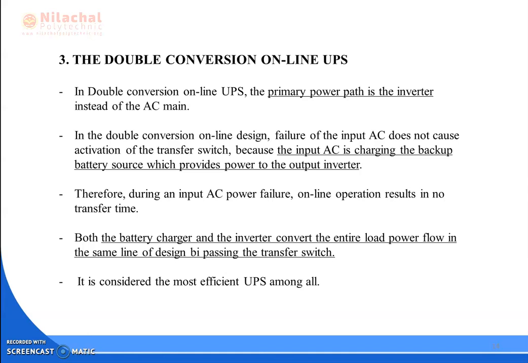So here we can say the transfer switch is bypassed, because the input AC is charging the backup battery source, which provides power to the output through the inverter.